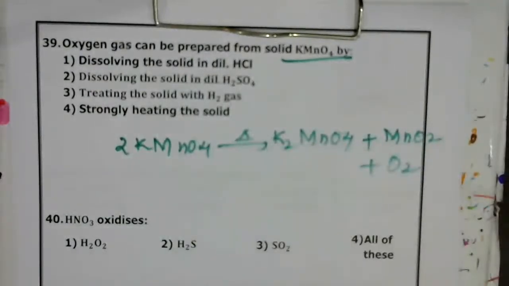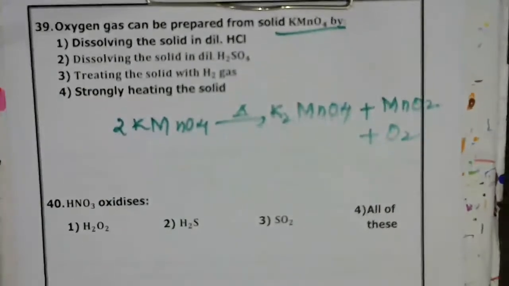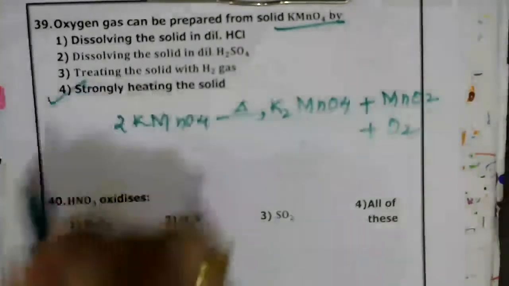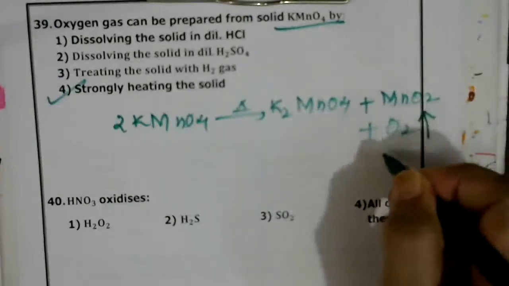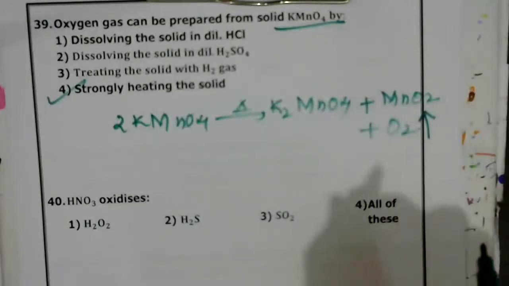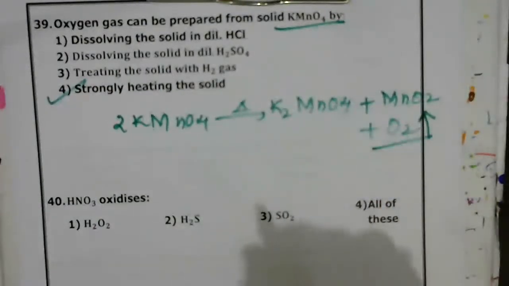So we are going to generate oxygen. By strongly heating the solid, potassium permanganate is converted into potassium manganate with the liberation of oxygen. This is one of the successful methods to prepare oxygen.